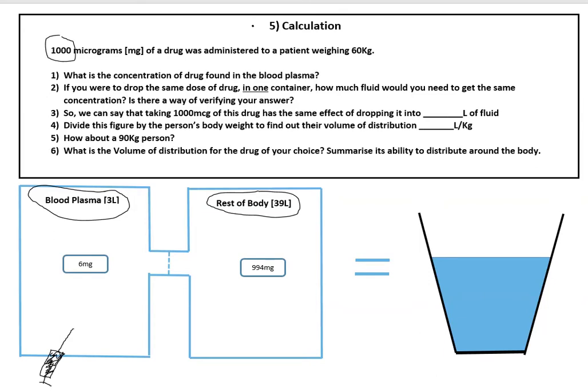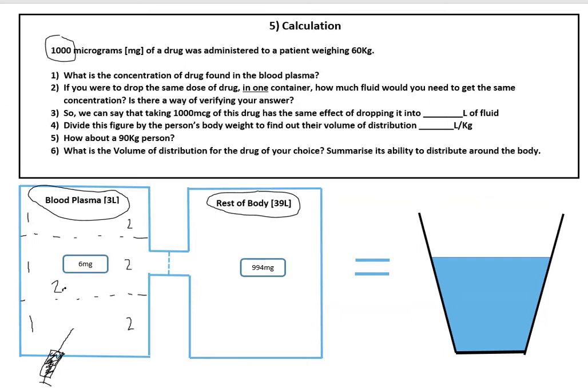Okay, so we use the maths that we learnt originally, which is fairly straightforward. We've got 3 liters of fluid and 6 milligrams of drug in that fluid. So if we take 6 milligrams of drug and divide it into 3 equal liters, so there's 1 liter, here's 1 liter, here's 1 liter, and we divide that 6 milligrams by 3, you can see that there should be 2 milligrams of drug per liter.